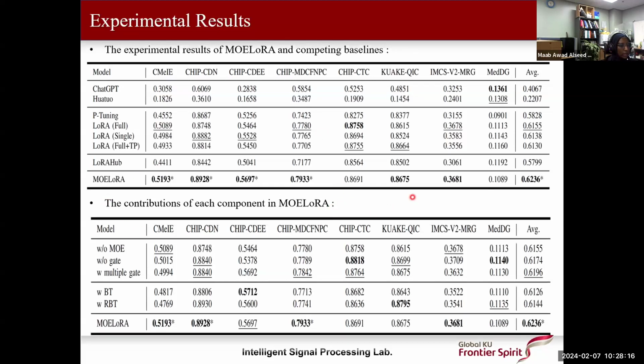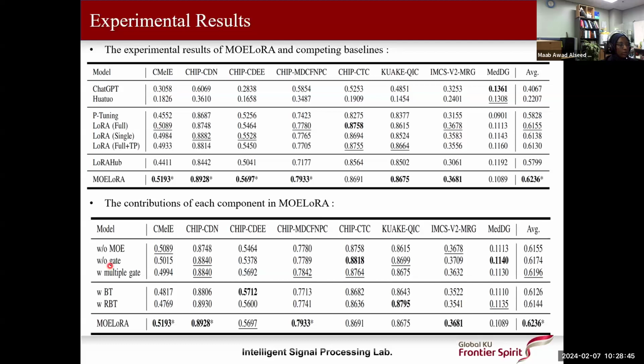And in the second table, they compare the contribution of each component of mixture of expert LoRA itself. First of all, they compare the model without the mixture of expert method, so this is just LoRA.